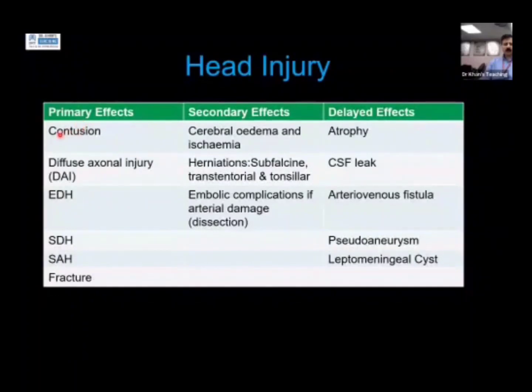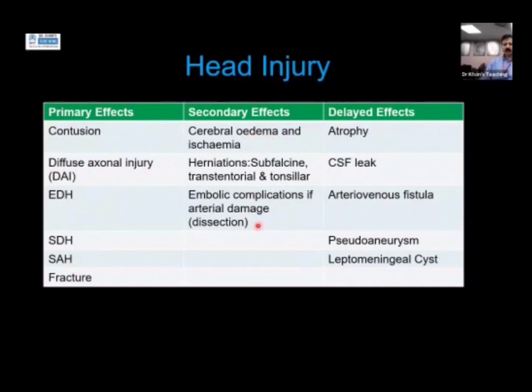And here you can get two types of injuries to the brain parenchyma. One of them is contusion, and second one is diffuse axonal injury. You can get various kinds of hemorrhages, which include extradural hemorrhage, subdural hemorrhage, and subarachnoid hemorrhage. And you can get fractures. So these are all primary effects.